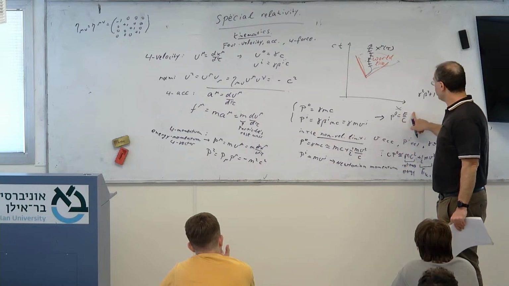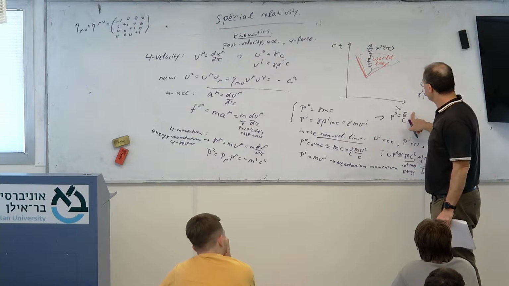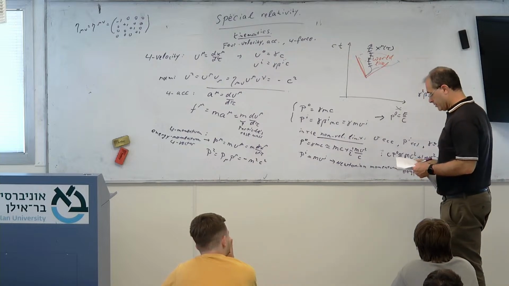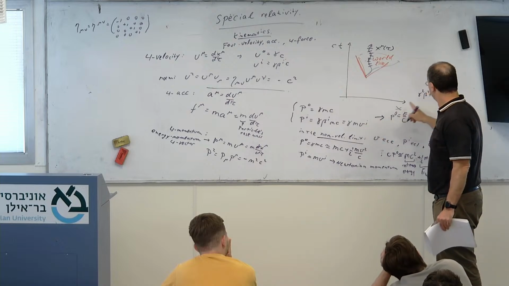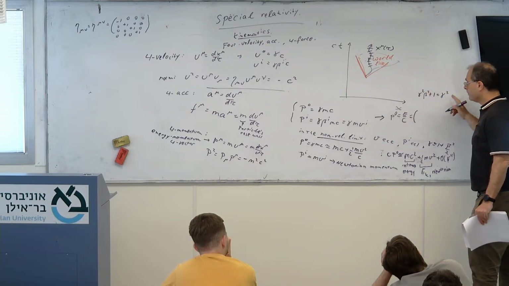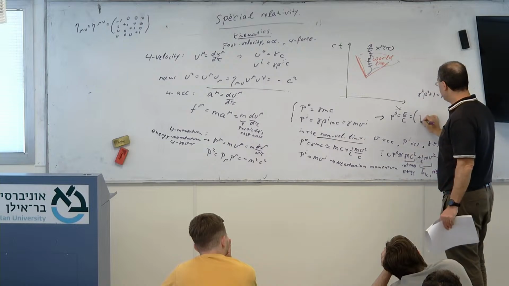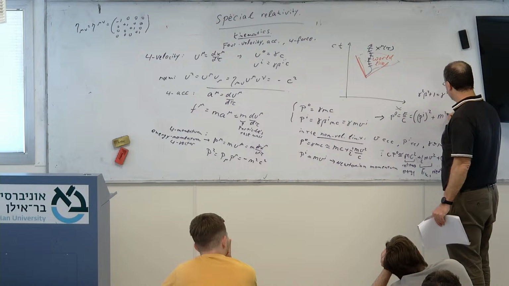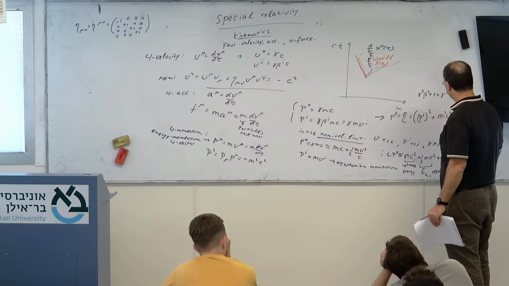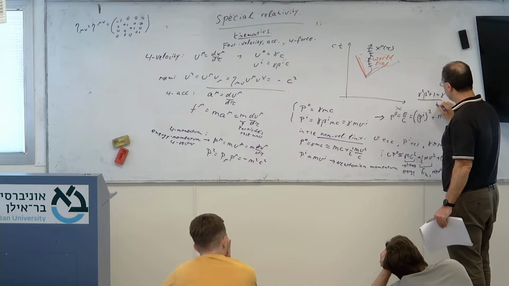So p^0 is E over c. From here, what do we have? Let's write it as E = (p^2c^2 + m^2c^4)^(1/2). Essentially that.